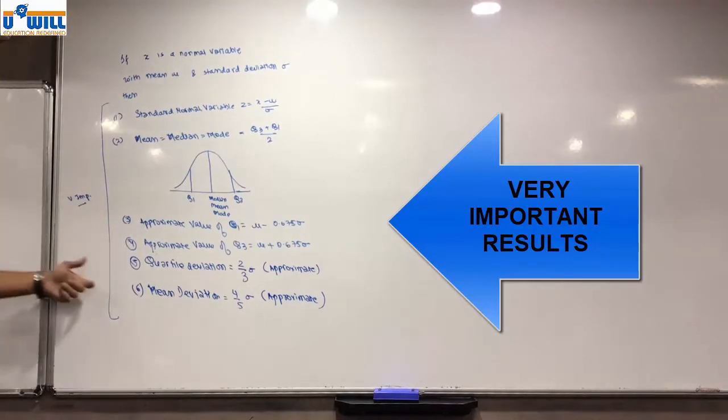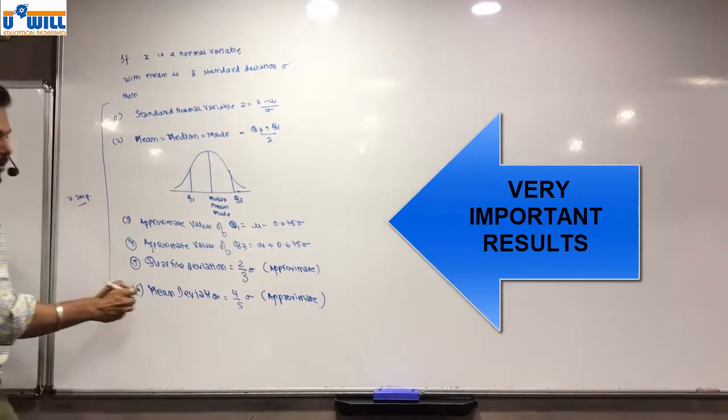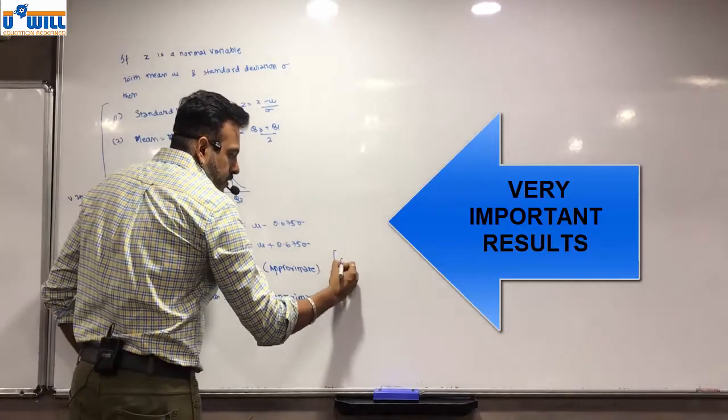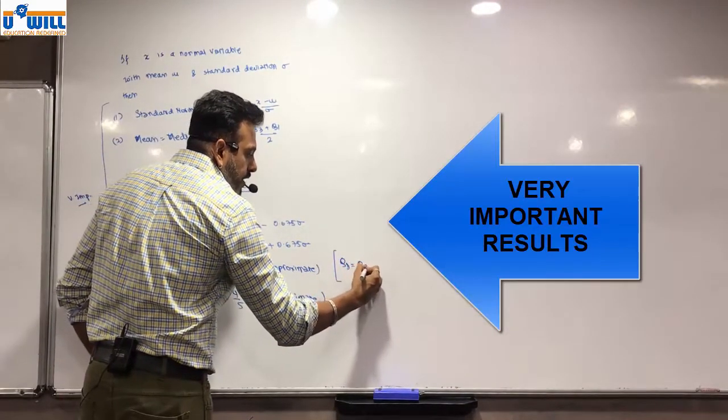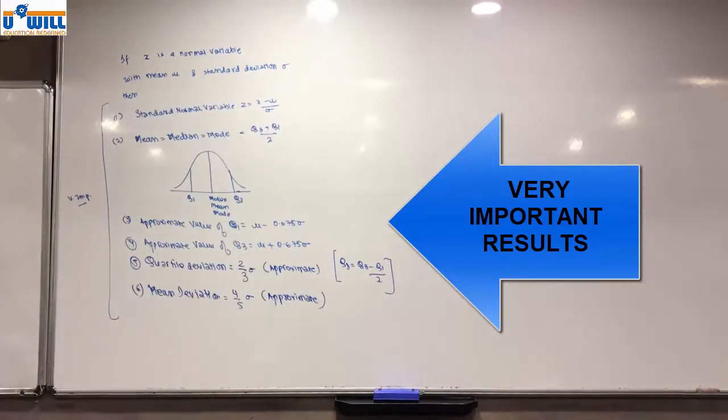We have to use these results in the sum to get the answer. What is quartile deviation? Quartile deviation is equal to Q3 minus Q1 upon 2. Don't forget this.